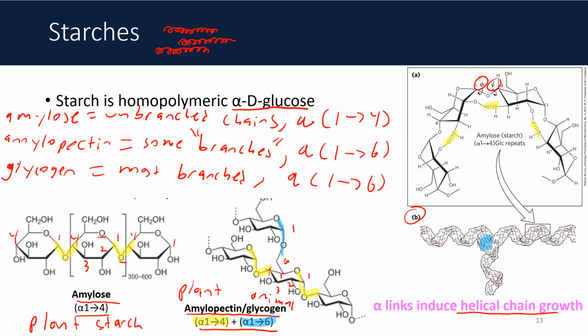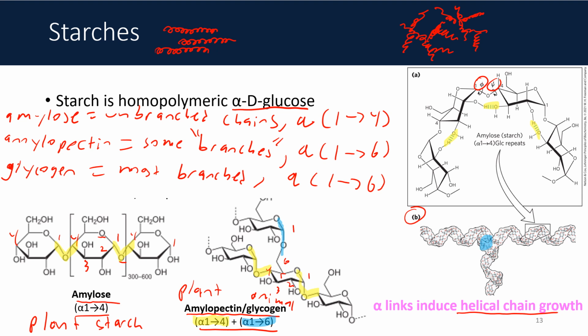Glycogen is going to form these highly dendritic structures that aren't going to pack together like brickwork as efficiently.